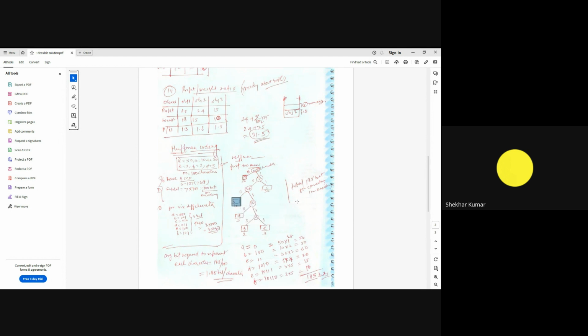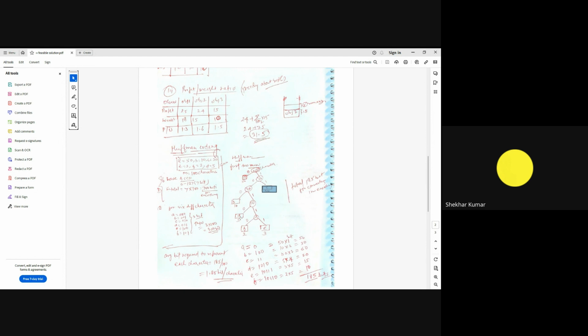For reaching B, I have to go 1, then 0, and then 0. So we require 3 bits to represent the character B. And for C, C is here. For C, we require 1 and 1, only 2 bits.